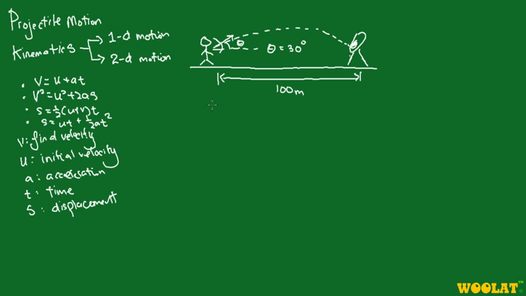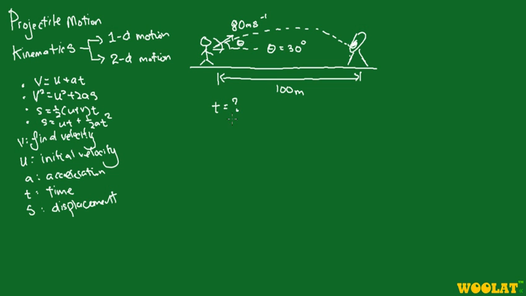How long did it take for the arrow to hit the board? I can't ask about the speed at which it hits the board unless I give you the initial speed. Let's say the initial speed is 80 meters per second, which is actually quite fast. Just a hypothetical case.